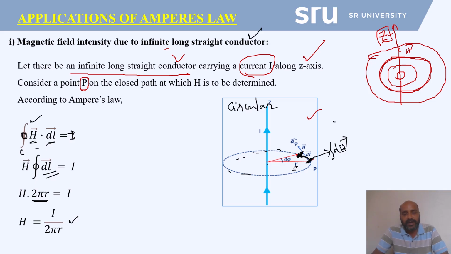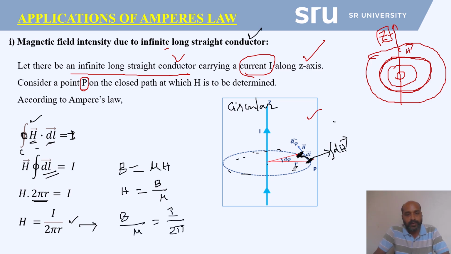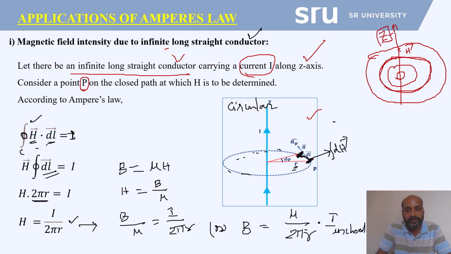Or if you are interested to write in terms of B, just apply that B is equal to mu H, or mu 0 H if it is free space. So instead of H, we'll write B by mu. So now this equation will change to B by mu is equal to I by 2 pi r. Or you can write B is equal to mu by 2 pi r into I, the I enclosed by that path.